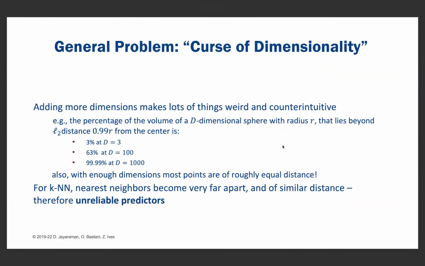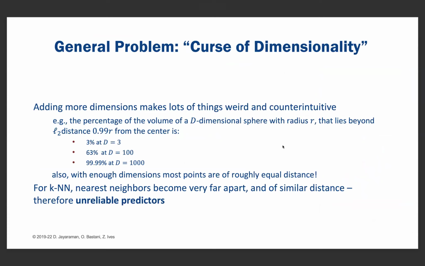And there is even more, which people are less aware of, related to calculating distances or calculating volumes. It's one of the manifestations of the generic statement of the curse of dimensionality.